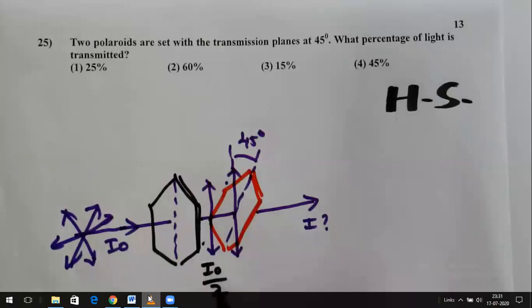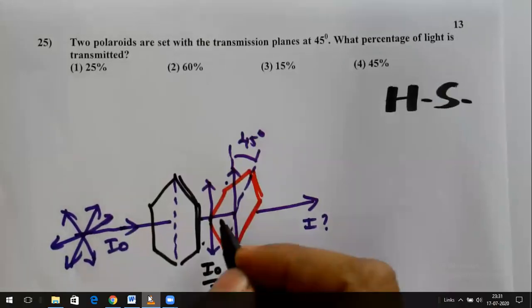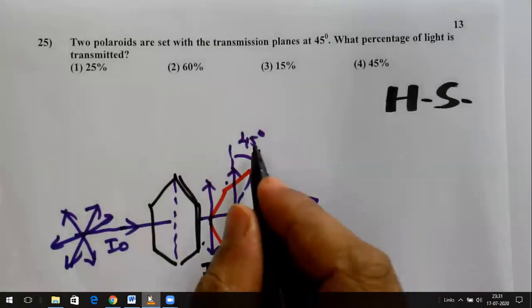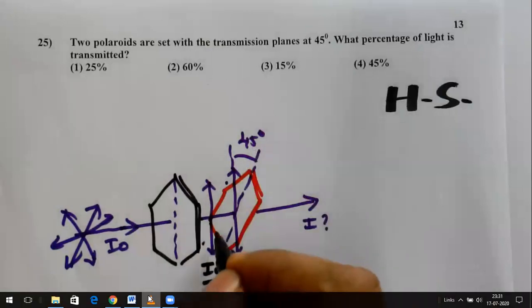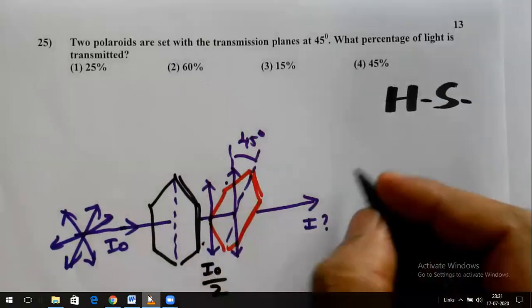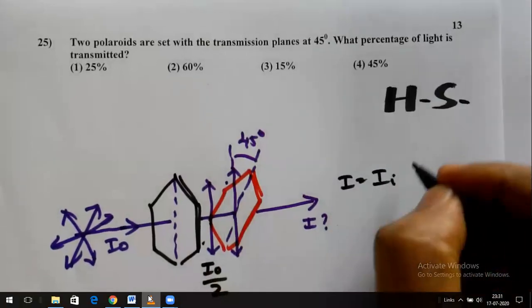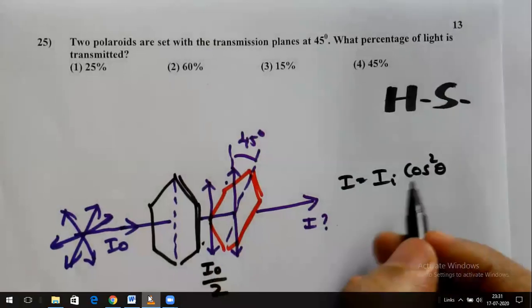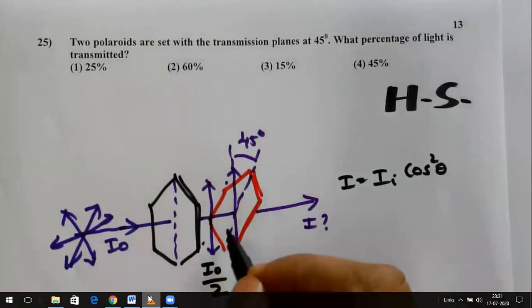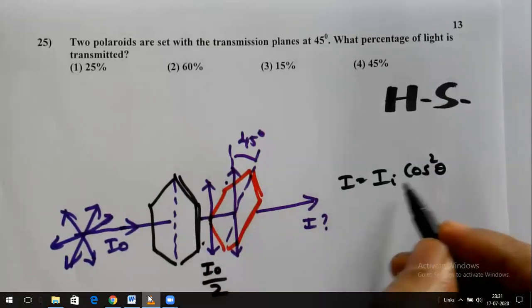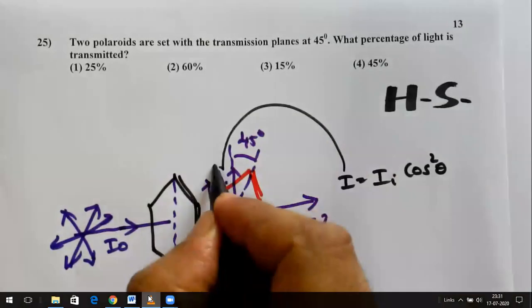When this I naught by 2 intensity polarized light is incident on the second polarizer with its axis making an angle of 45 degrees to the vibrations of the polarized light, then the outcoming intensity I is equal to the initial intensity cos squared theta. Theta is the angle with which its axis is aligned to the incident plane of vibration. So I is equal to I incident cos squared theta. You can apply this formula here, not here.